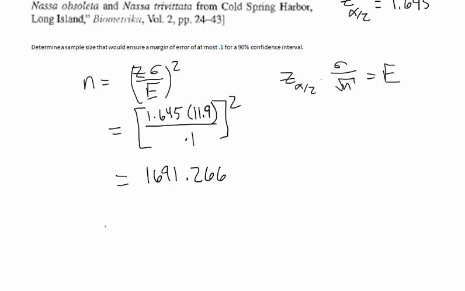So we would need a sample of 1,692 to have a margin of error of at most 0.1 for a 90% confidence interval. And that's our video on sample size determination.